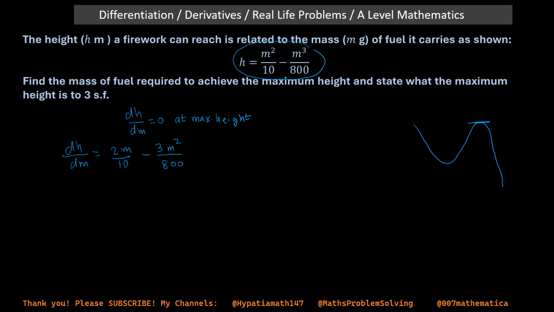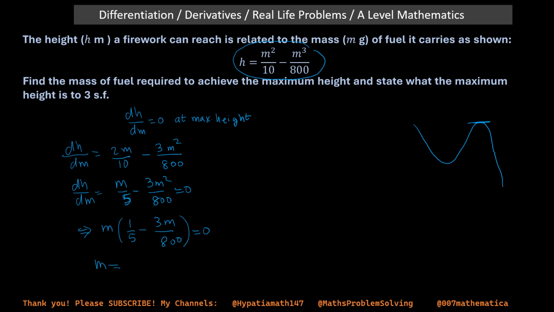So I would get dh/dm equals m/5 minus 3m²/800, and that equals 0. That implies, taking m out, m(1/5 minus 3m/800) equals 0.